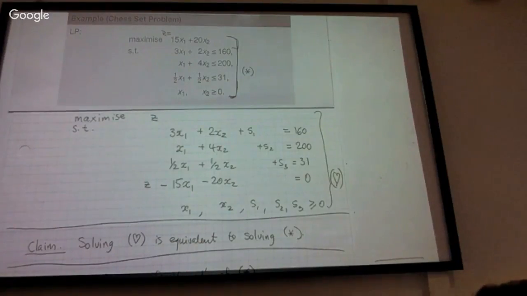Now, the next thing we did, we decided that if there's something negative in the objective equation, in the z equation, that means that this variable x1 is non-basic. And by making it basic, it could get a non-zero positive value.